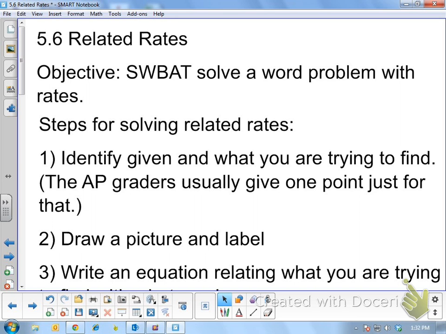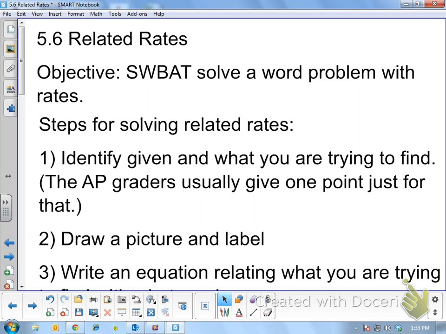So when we're solving related rates, they're a little bit different from optimization. First of all, you should always identify what is given and what you're trying to find when you're solving a related rate. Always. Because the AP graders usually give 1 point just for that.